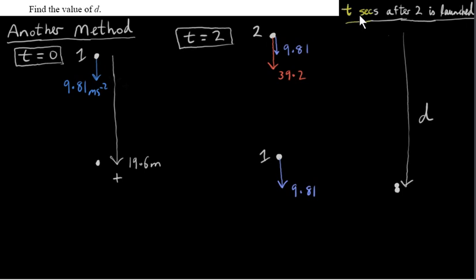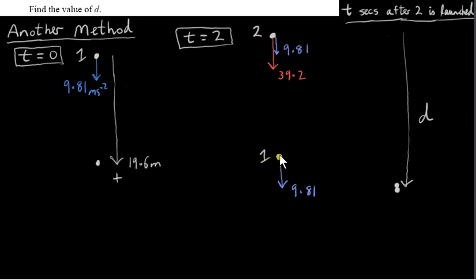Now let's suppose that t seconds after particle 2 is launched, the two particles collide at a distance d from their original positions. So this means that particle 2 will have been travelling for t seconds when it collides with particle 1.